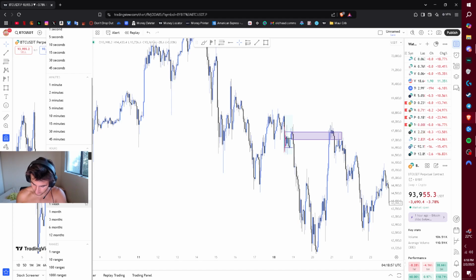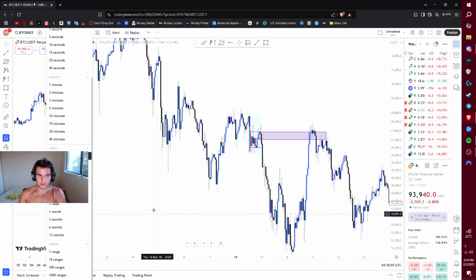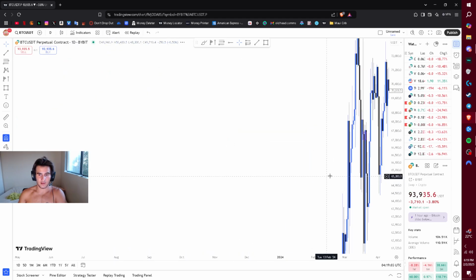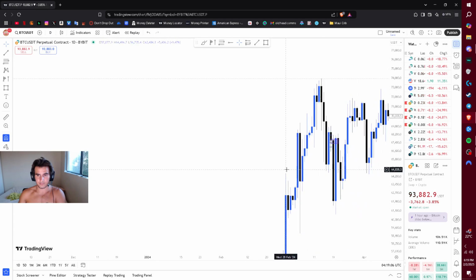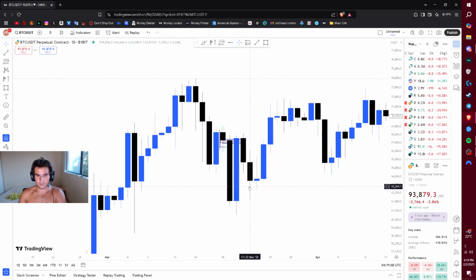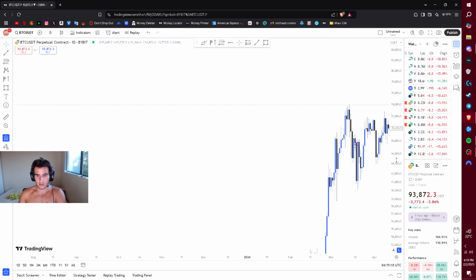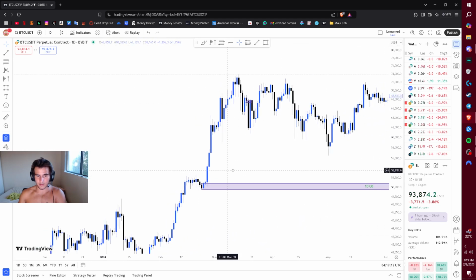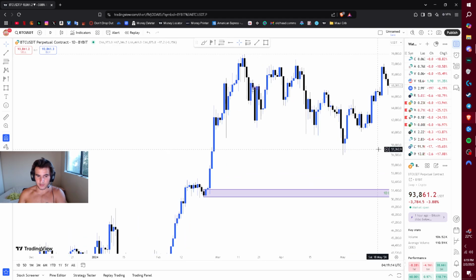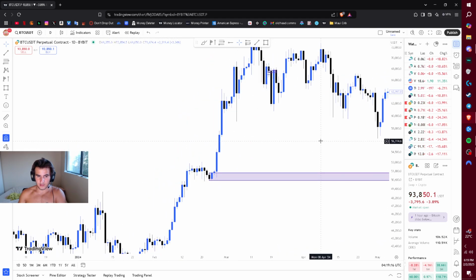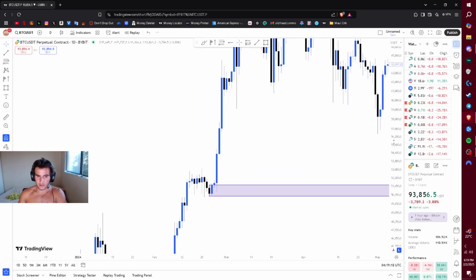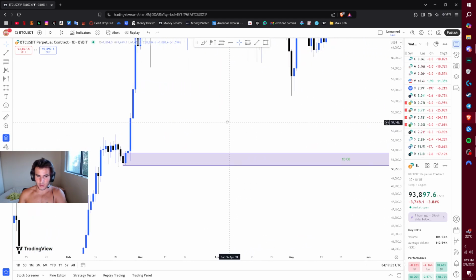And then also look for liquidity around your order block. If we go back up to the daily, you want to see a liquidity point on the chart.